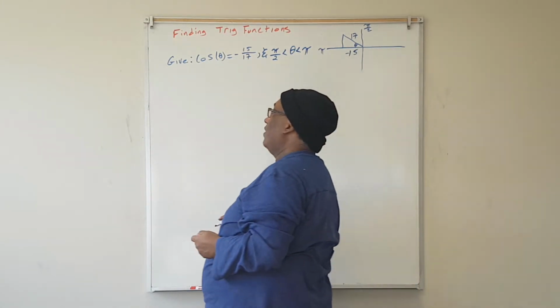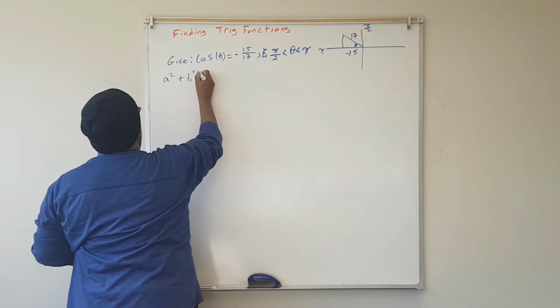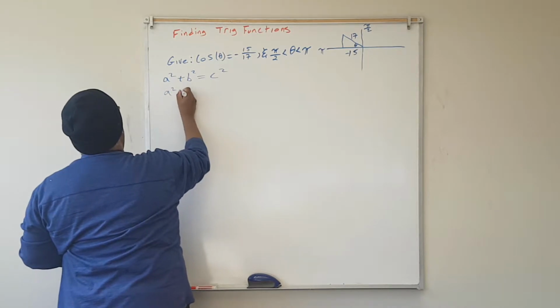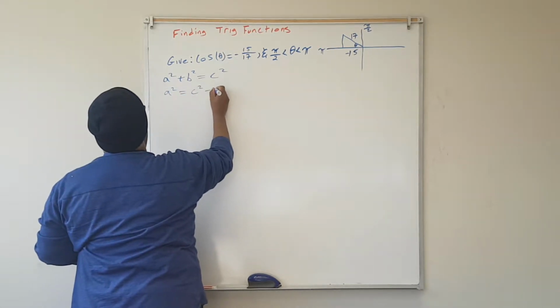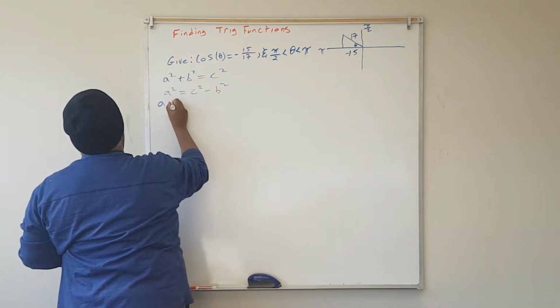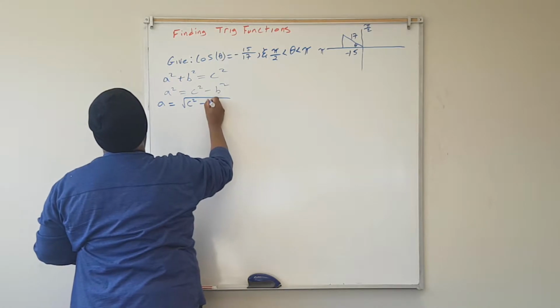So the formula for that, we know a squared plus b squared equals c squared, or a squared equals c squared minus b squared. A equals the square root of c squared minus b squared.